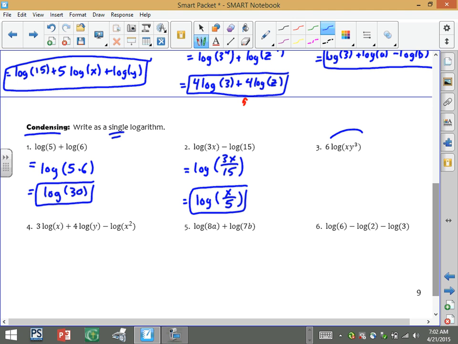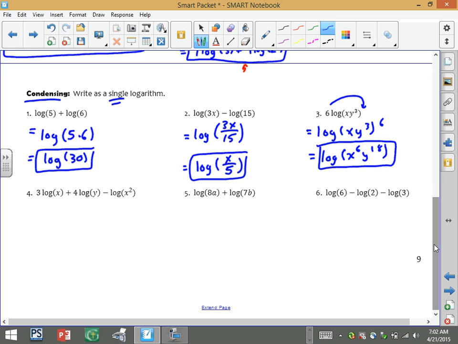Here, let's take that 6 back up here. So we'd have log xy to the third raised to the 6th power. Now, quote unquote, distribute that 6 in. So we end up with x to the 6th, y to the 18th. So let's take this 3, get it up there, that 4, move it up. Going to do this a step at a time.